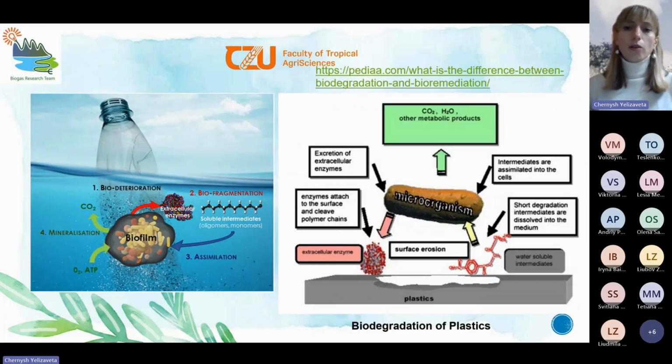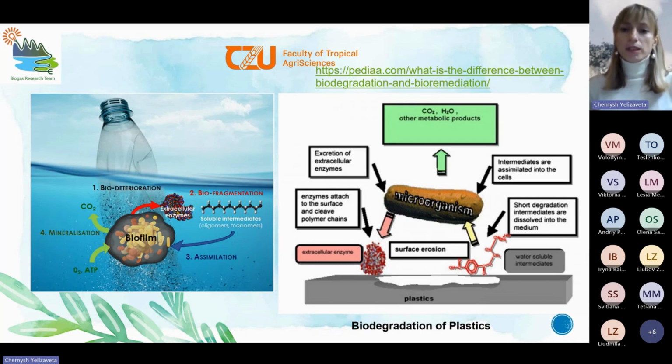This is also a type of contamination when we talk about biodegradation, but with fragmentation of such pollutants and the opportunity for assimilation and mineralization.